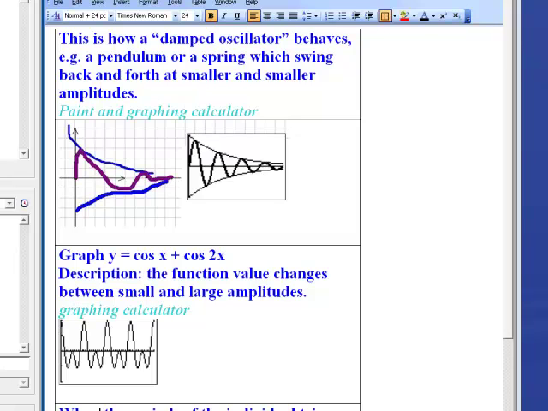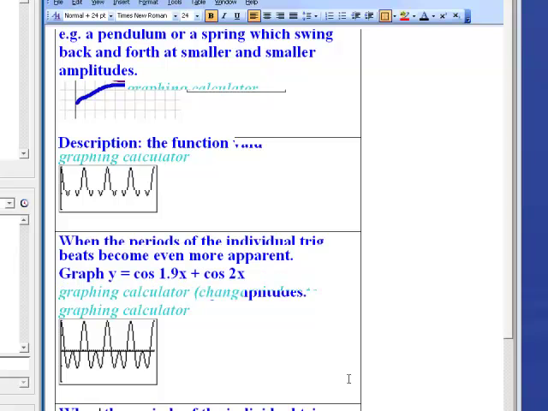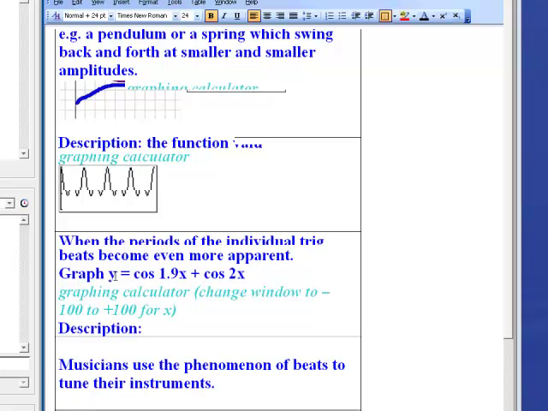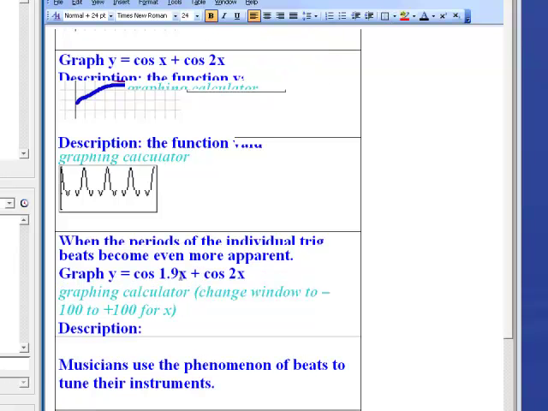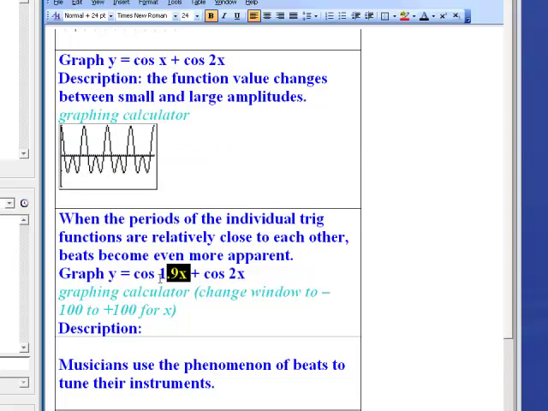So this one here looks almost the same as the one above, except that as we have here 2x just as well, we have 1.9x instead of 1x as above. And that says here I should change the window from negative 100 to 100 for x, so I guess we'll see what happens then.